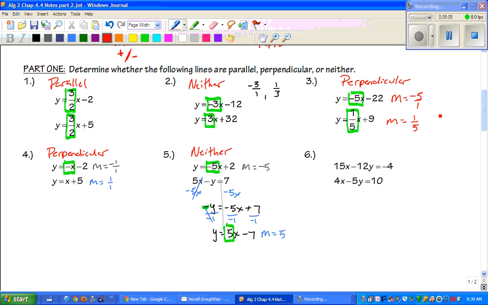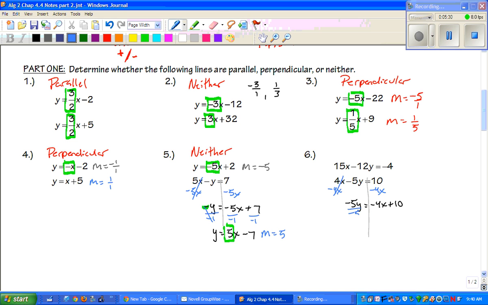Number 6. They're being difficult because they don't give us any of the slopes. We have to solve them both. Let's go with this one first. We have to subtract the 4x from both sides, and we get negative 5y equals negative 4x plus 10.